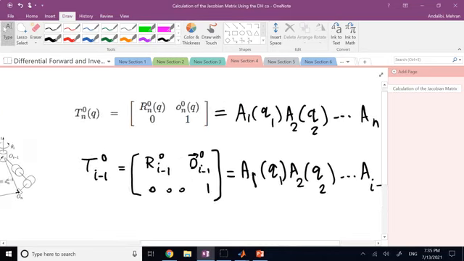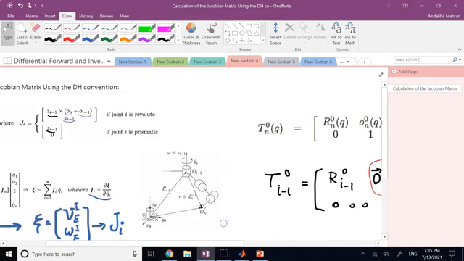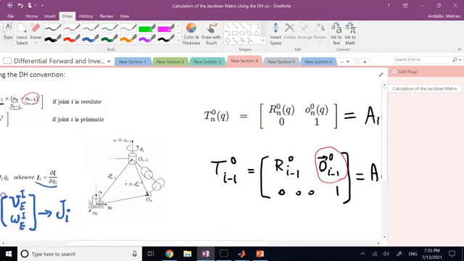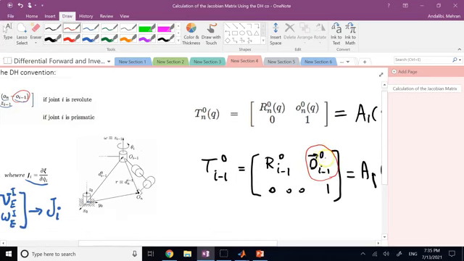Now the question is, what is Z, what is O? Well, first of all, you clearly see here the fourth column of this matrix is exactly O_{i-1}. So all I need is to look into the fourth column of T_{i-1} and look at the first three numbers, not the last one. Forget about that one. That one is always there.